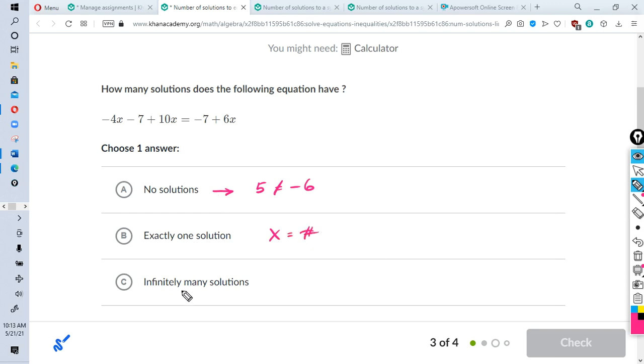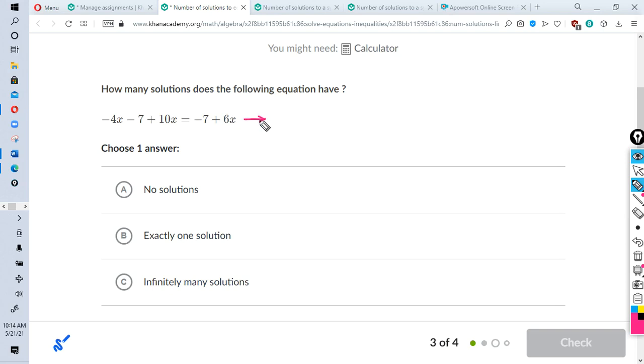And if it's infinitely many solutions, you'll have the same thing on both sides of the equal sign. So you'll have something like x equals x, or 0 equals 0. So infinitely many solutions, you'll have something that's always true. No solutions will have something that's never true. And exactly one, it means you can solve for x.